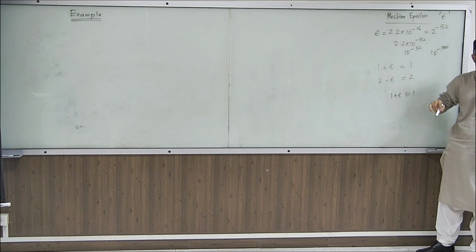For that, let me write an example: epsilon x1 plus 2x2 equals 4, and x1 minus x2 equals 1. Let's try to find the solution.